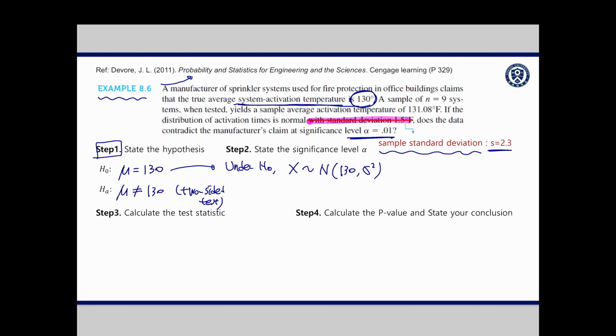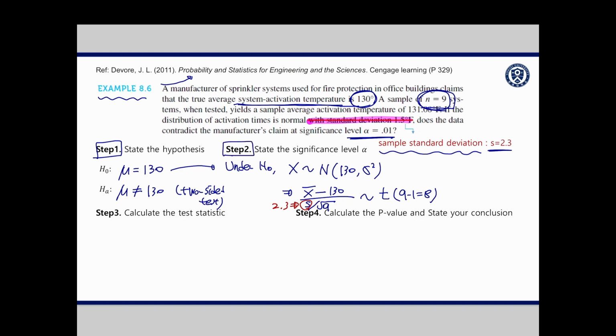Therefore, the distribution of the sample mean X bar minus 130, with sigma replaced by the sample standard deviation small s over the square root of the sample size 9, follows the t distribution with degrees of freedom 8. And the sample standard deviation is 2.3.